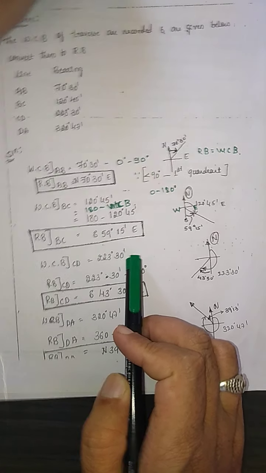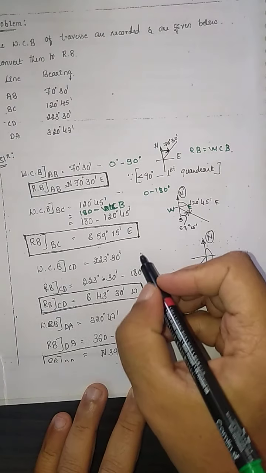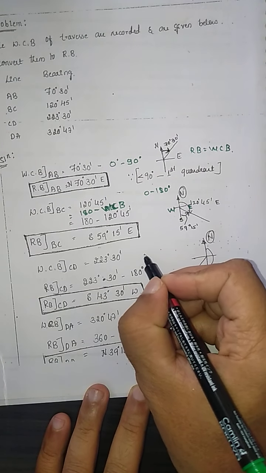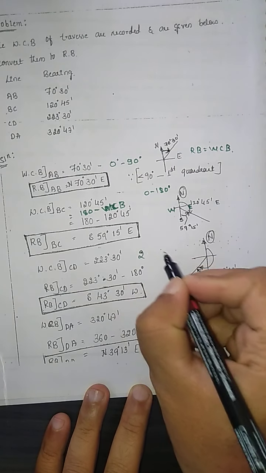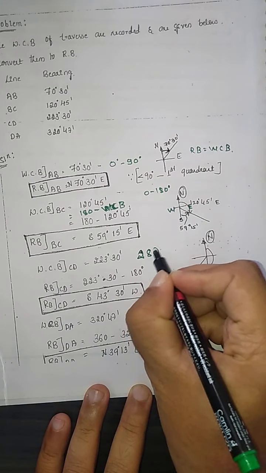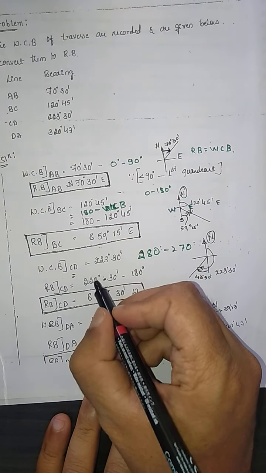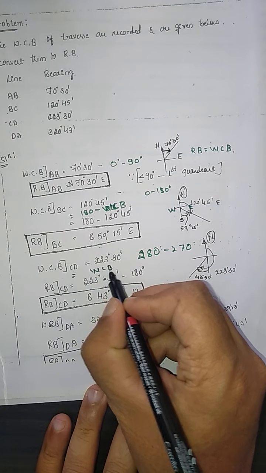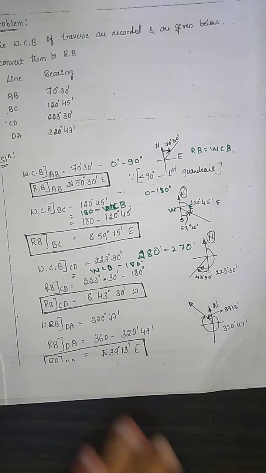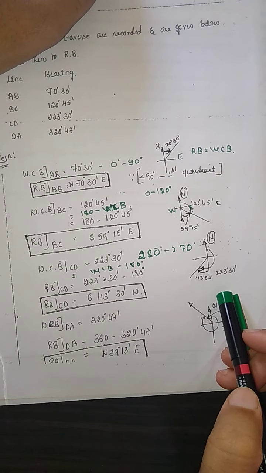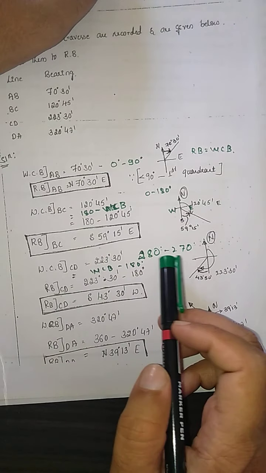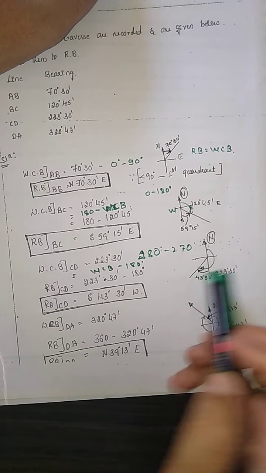Now 223 degrees falls under the third quadrant, so it is between 180 and 270. So what is the formula? That is WCB minus 180 degrees. Since the angle is between 180 and 270, it comes under the third quadrant.